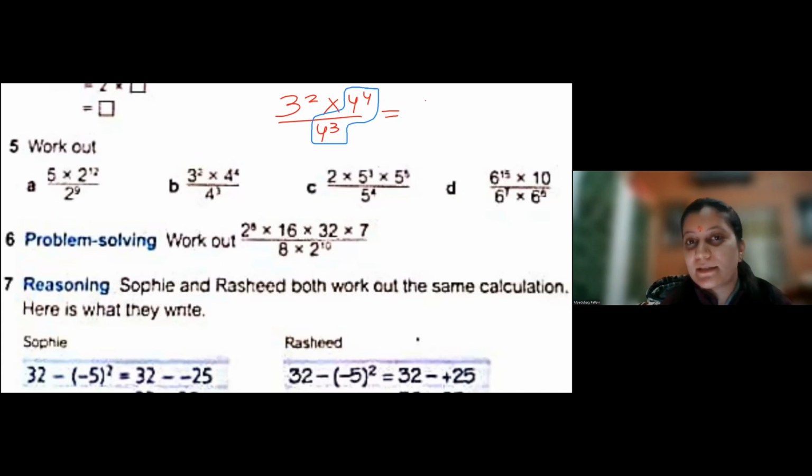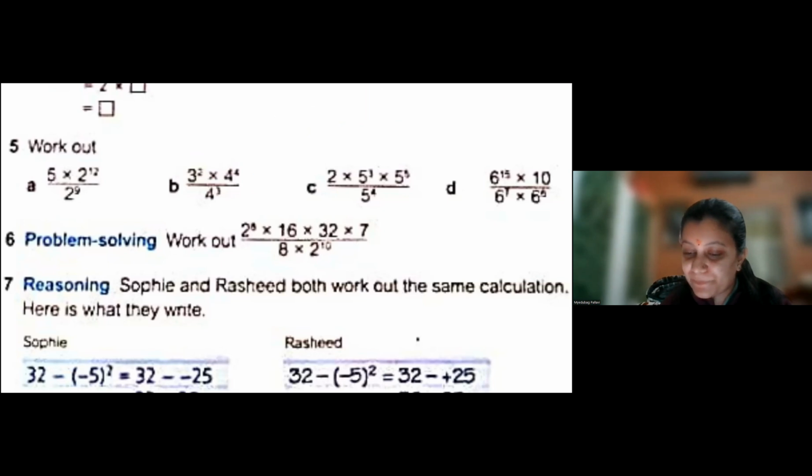Yes. That's correct, 3 to the power 2 into 4, because when we solve these, it will be 4 minus 3, which is 1. So 36. Answer will be 36. That's absolutely correct. 3 threes are 9, 9 fours are 36. Good. So this one will be 36.